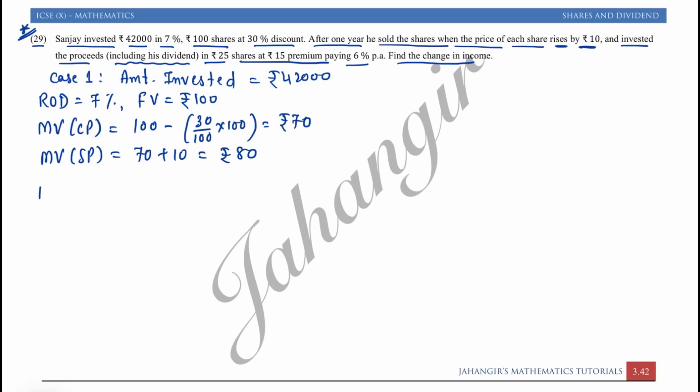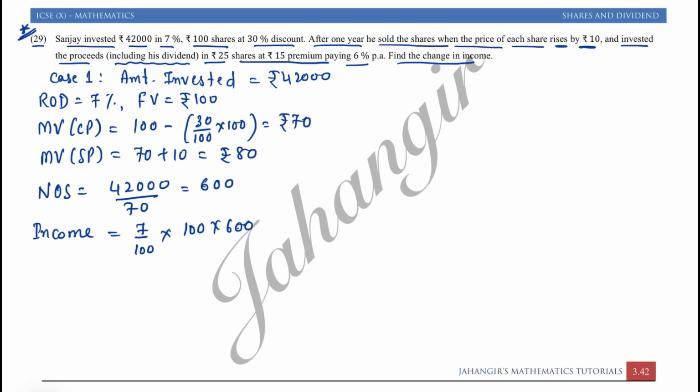Now first we will find number of shares. Here also we need to find the change in income, but before finding the income we need to find number of shares. That is amount invested upon market value. 600 shares he bought. Now we will find income. Income is equal to ROD 7 upon 100 into face value into number of shares.